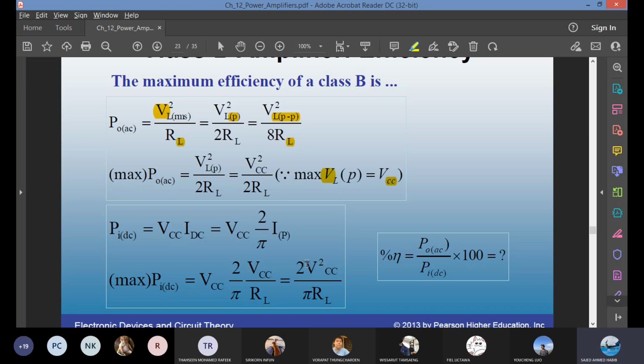Now instead of VCC over RL, you should write VCC times 2 over pi times VL peak divided by RL. You are going to get a percentage equation in terms of VL peak and VCC. I'll bring you to the whiteboard for that.